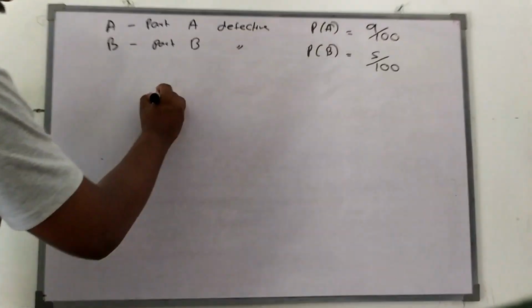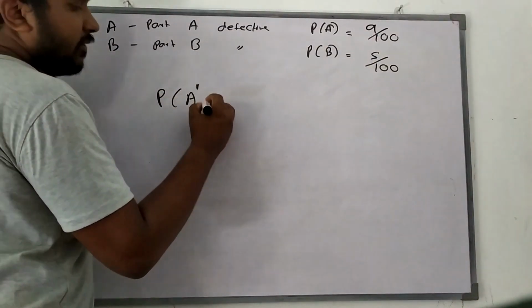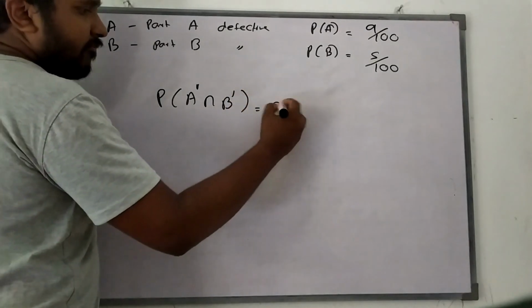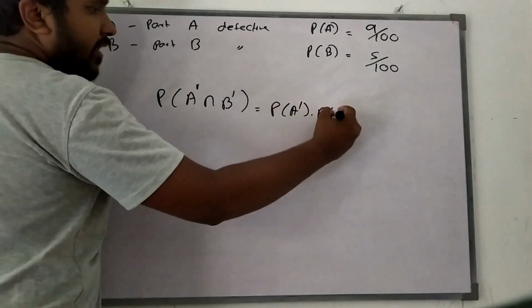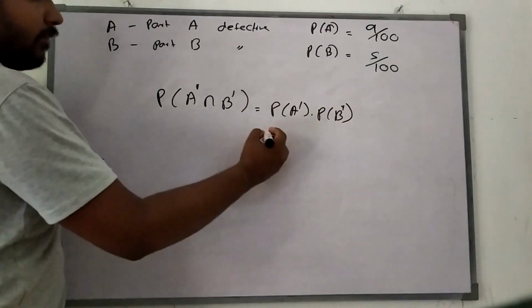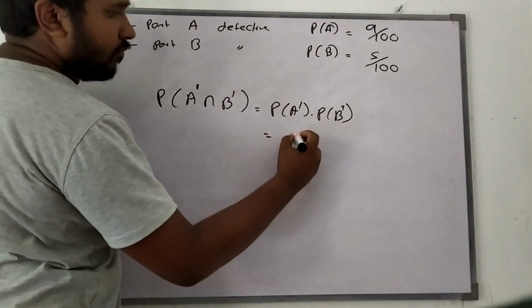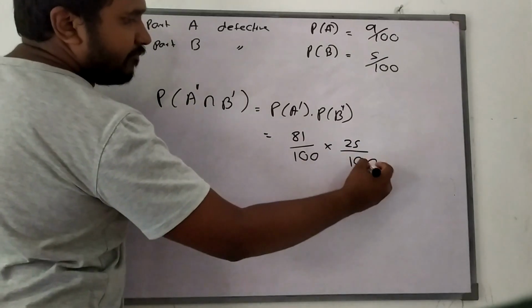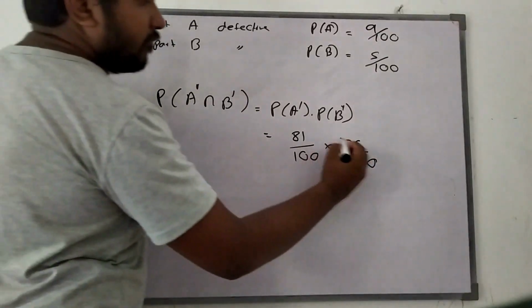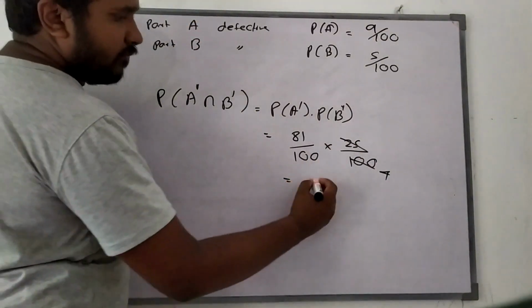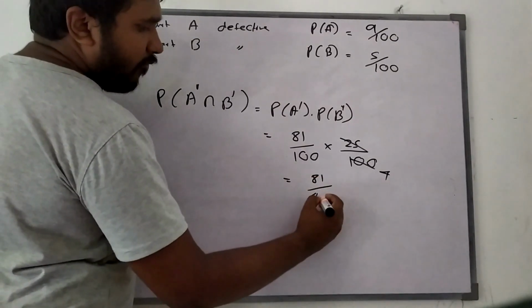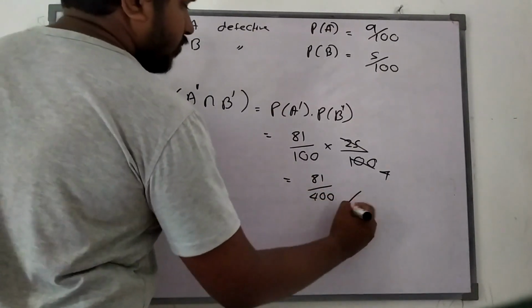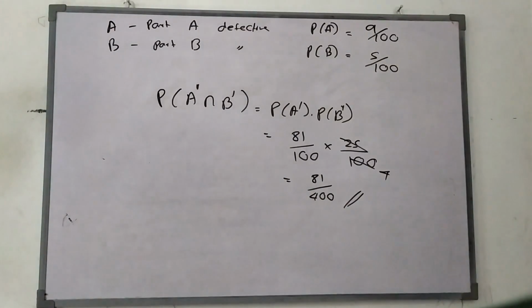Not defective means P(A') intersection P(B'), which is P(A')P(B'). Then it's 81 over 100 times 25 over 100. Right? So this is basically 4, no? Then 81 over 400. So this is the probability that the assembled item will not be defective.